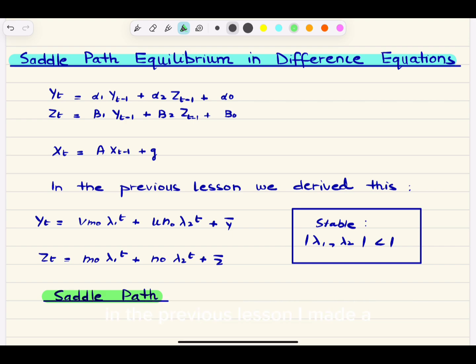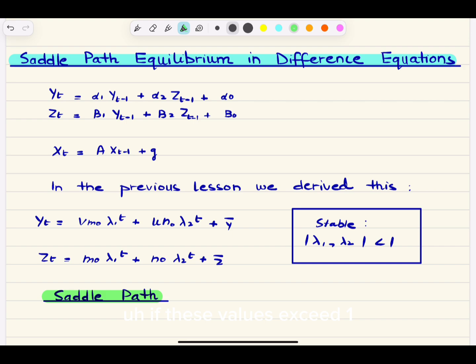In the previous lesson, I made this 2 by 2 system and we solved it using diagonalization, and this was the solution. I stated in the previous class that the eigenvalues lambda 1 and lambda 2 need to lie between minus 1 and 1 for the system to be stable.